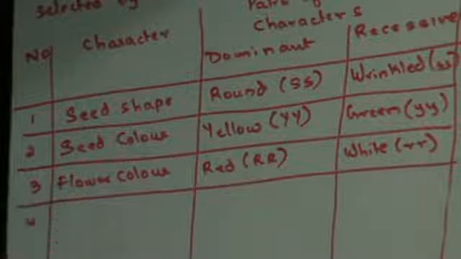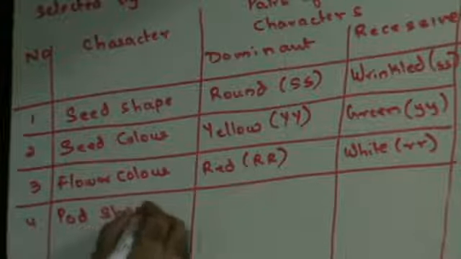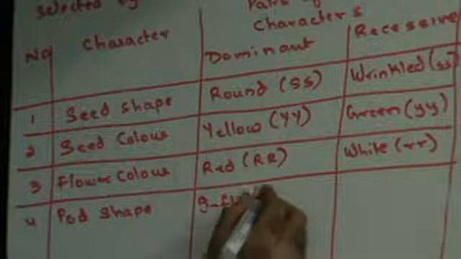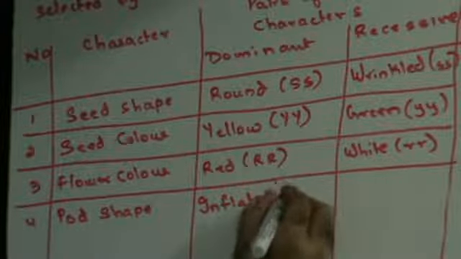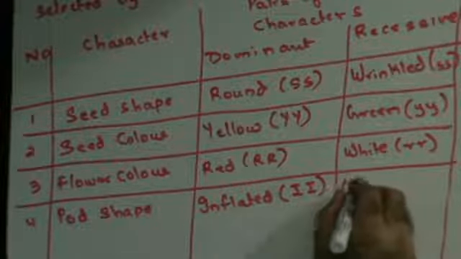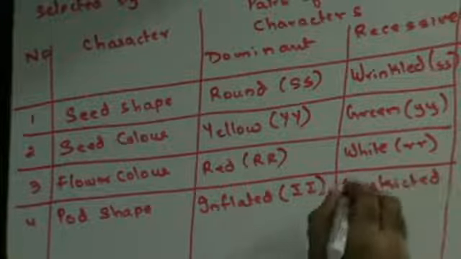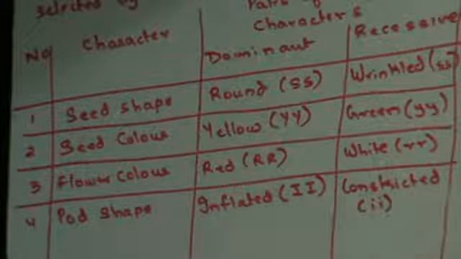The fourth character was pod shape, that is inflated, that was II, and constricted, that was small i, small i.